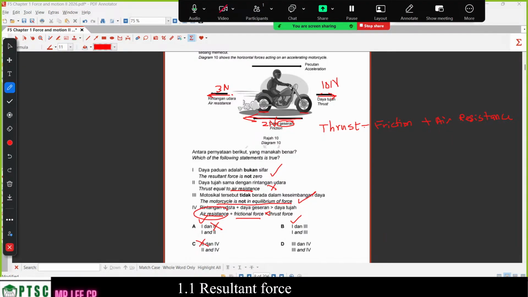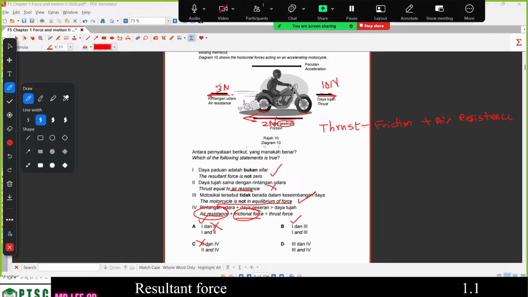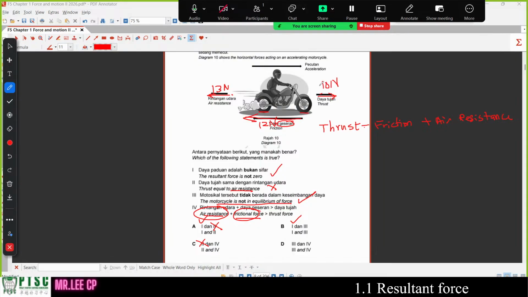If you say friction plus air resistance is more, say 13 plus 12 is 25, and 25 is more than 10, will it accelerate? No, because the force pulling against you is more than your thrust, so it is not going to move.